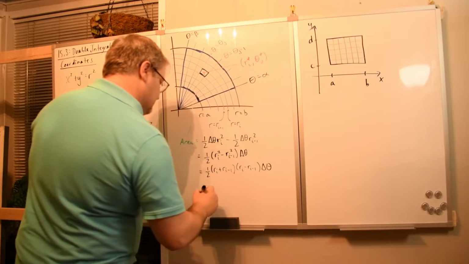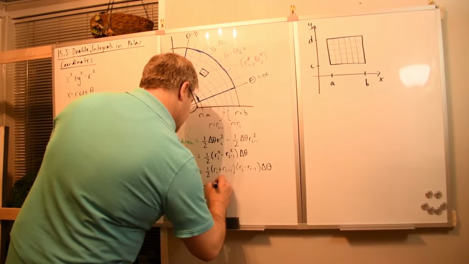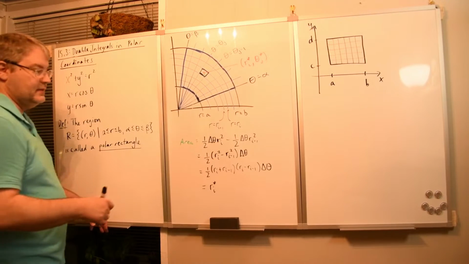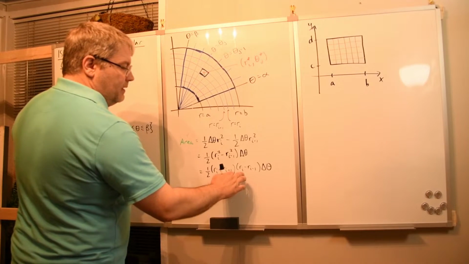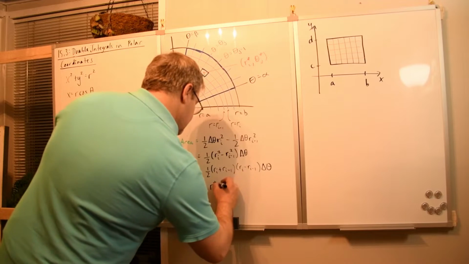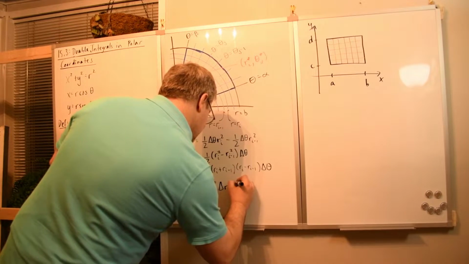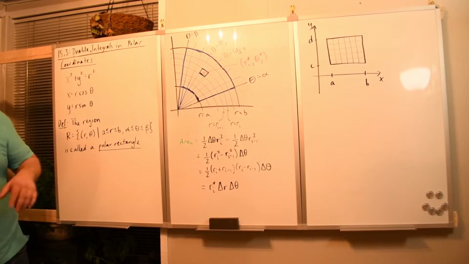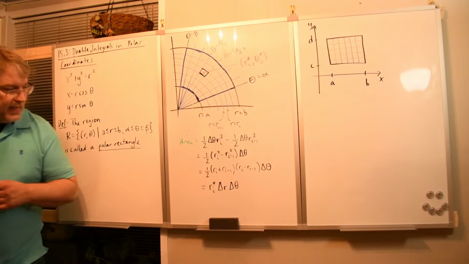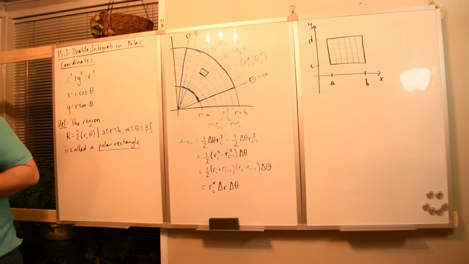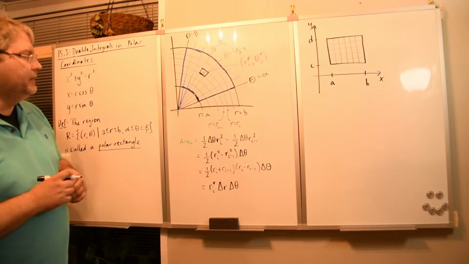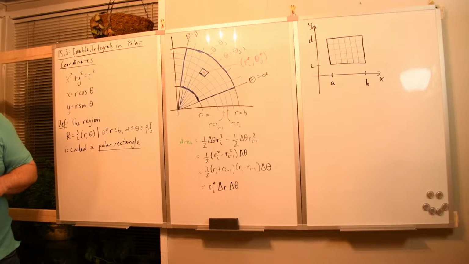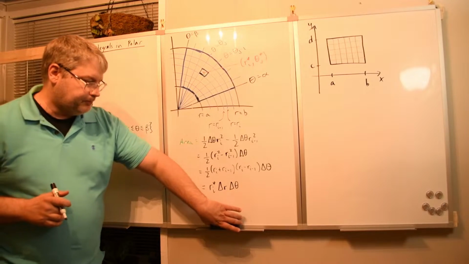So r sub i star is the same thing as 1/2 times r sub i plus r sub i minus 1. The r sub i minus r sub i minus 1 is going to be delta r, and then we'll have delta theta at the very end. So that is what we could use to refer to the area of that little subsector, or subregion, I guess you might say.